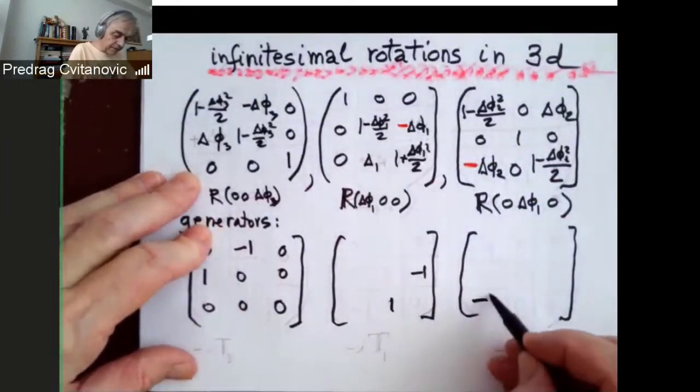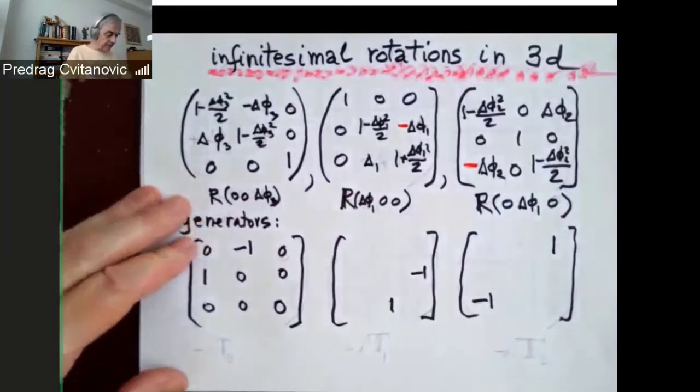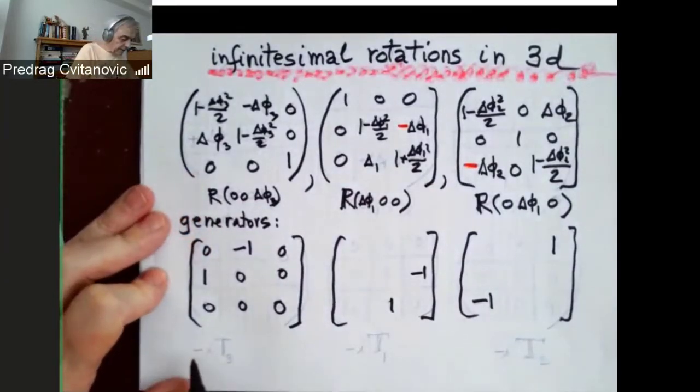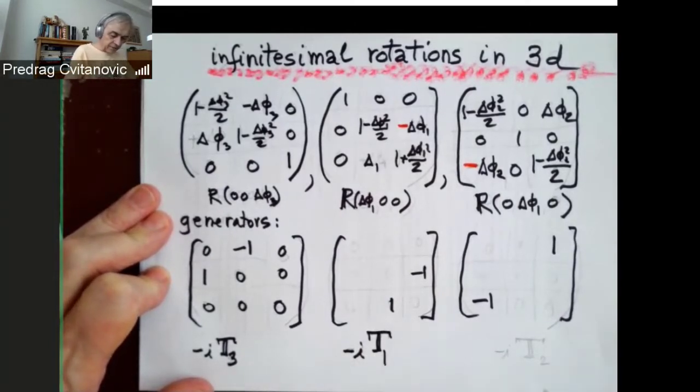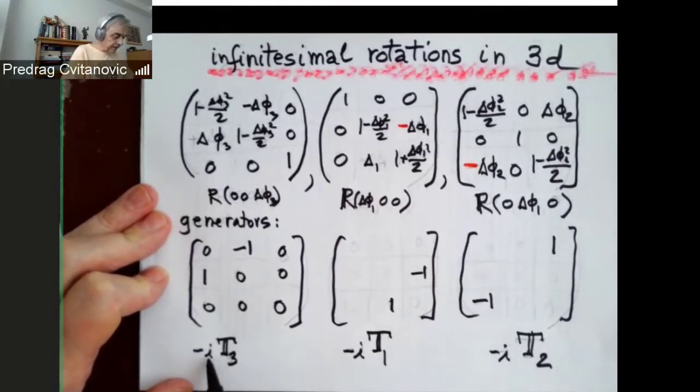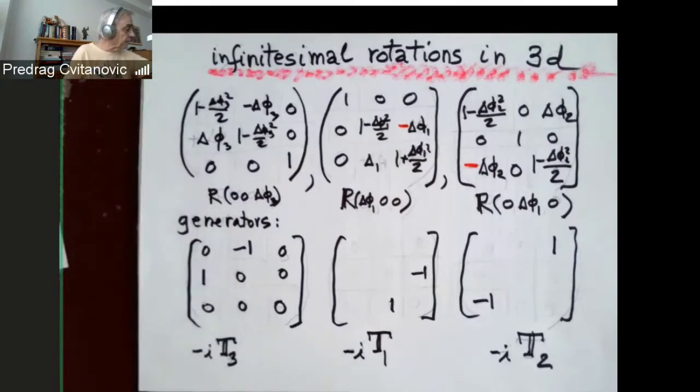And from this one, I get minus 1, 1, and everybody else is 0. And these are the generators. This one rotates around the z-axis, so it's called 3. This one rotates around the x-axis, it's called 1. This one rotates around the y-axis, called 2. And I'm carrying this i in here, so when I multiply it, I just get numbers here rather than i's, just to keep track of unitarity.